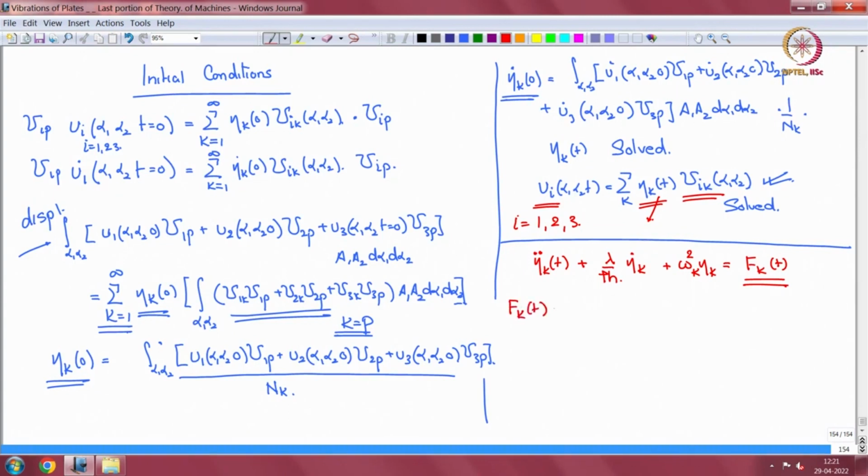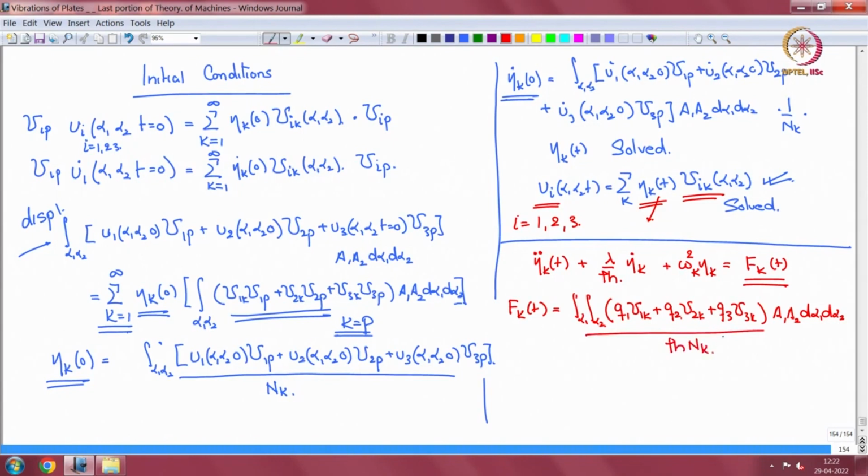Modal force looks like integral over alpha 1 alpha 2 of q1 u1k plus q2 u2k plus q3 u3k, A1 A2 d alpha 1 d alpha 2, divided by rho h and k.